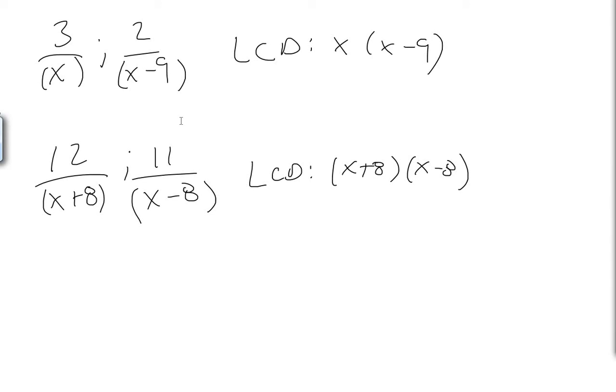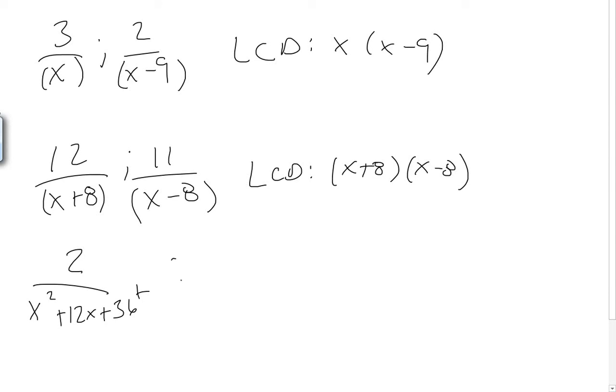Maybe, in the worst case scenario, let me see here. All right, so actually let's say that maybe instead of starting with what I was thinking, let's actually find the LCD between 2 over x squared plus 12x plus 36 and 9 over x squared minus 36.